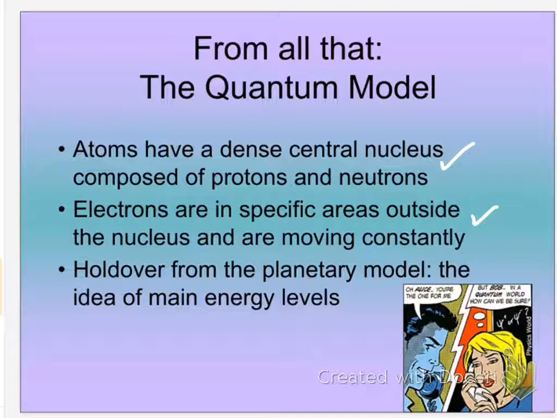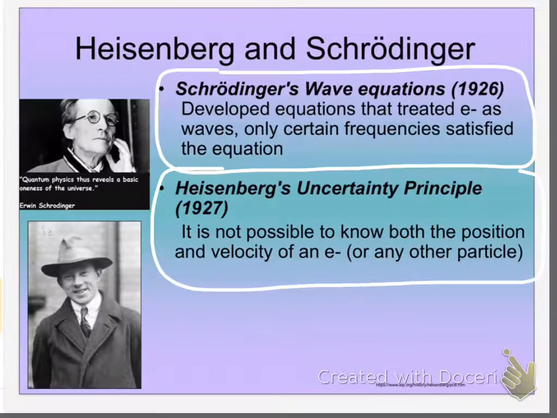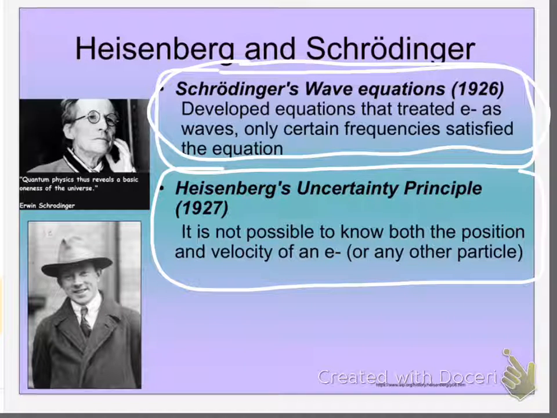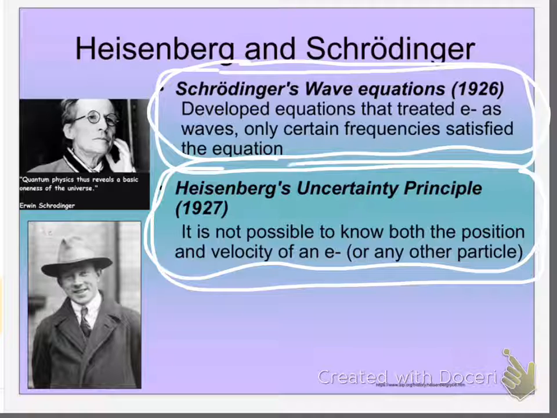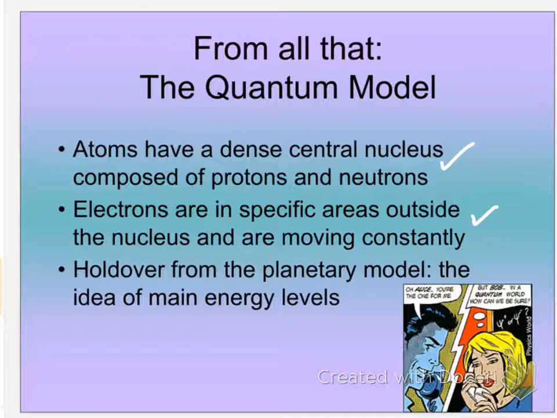Those rings or tracks of Bohr's have become fuzzy cloud-like areas based on Schrödinger's equations, and the exact location of the electrons is unknown. But we know that they're outside the nucleus, and we know that they're moving. The one holdover from the planetary model is the idea that there are main energy levels.